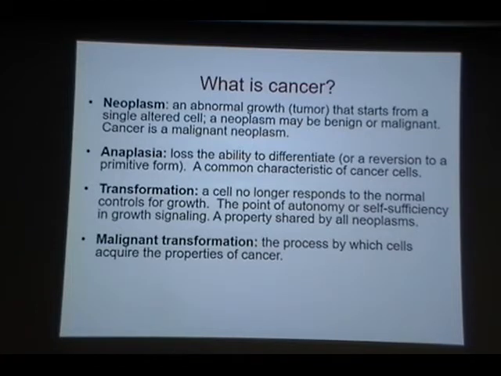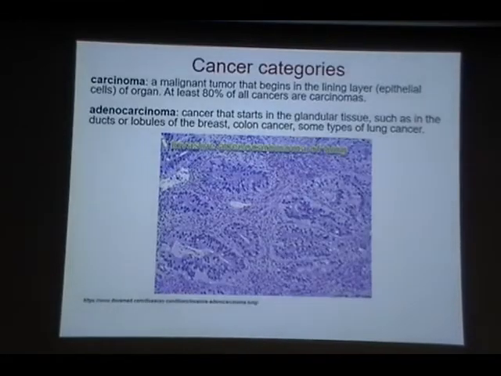In other words, you don't have to give those cells a growth factor. They can still grow. They are happy to grow because they can generate those growth factors, or they have mutations in the growth factor receptors to activate themselves, and that includes malignant transformation. Those are the terms we are talking about: the process from a normal cell becoming a cancer cell.